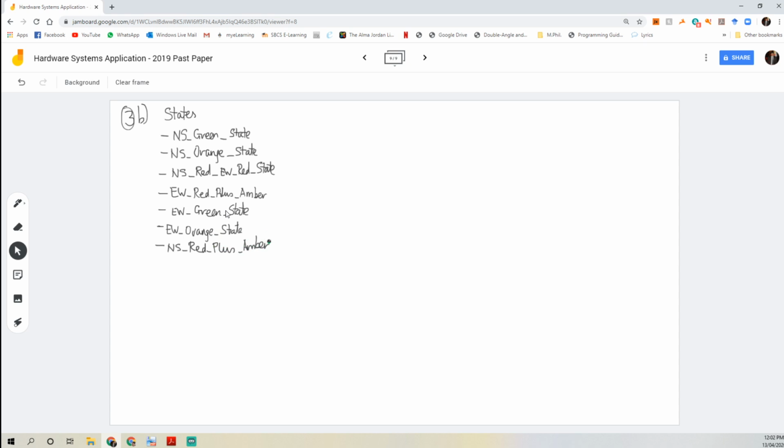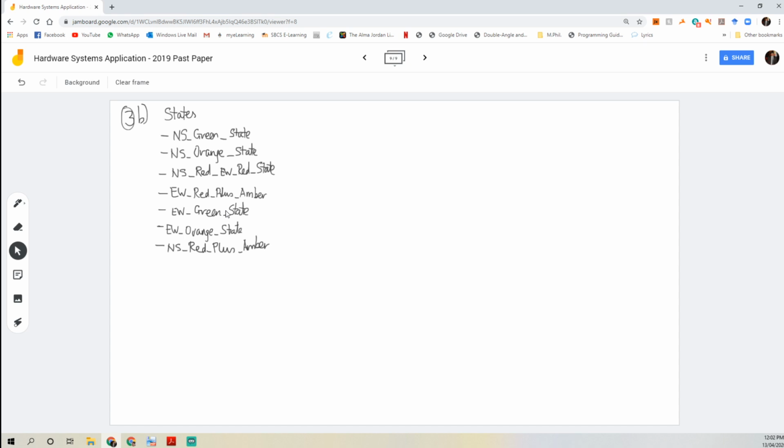Okay? All right. So these are our states here. And we need to understand how these states will transition from one to the other. Okay? So we could assume on initialization that the lights are in the north-south green state.